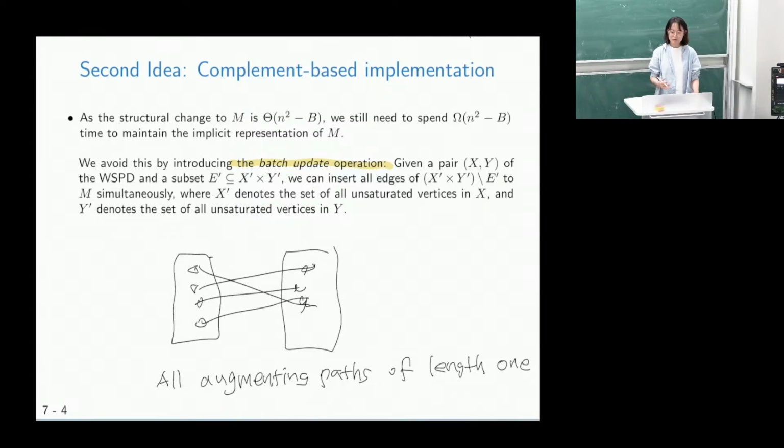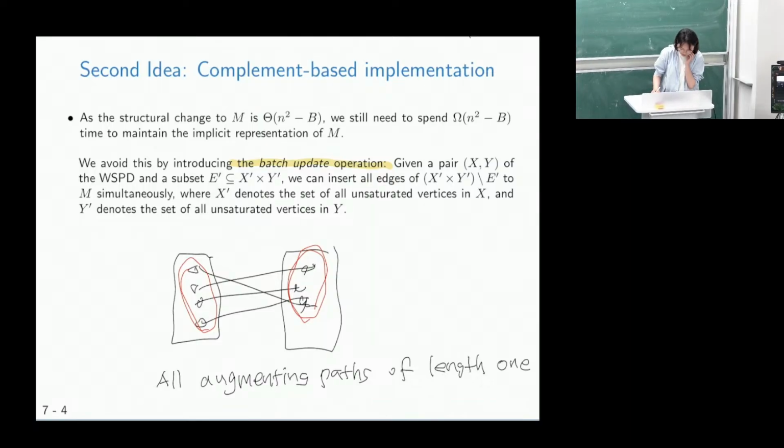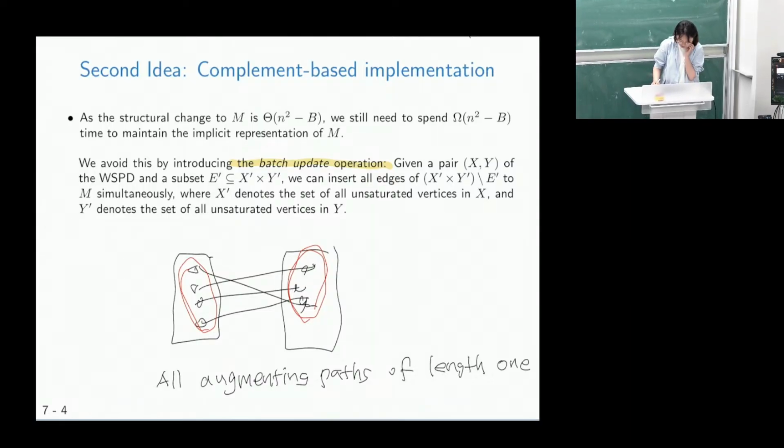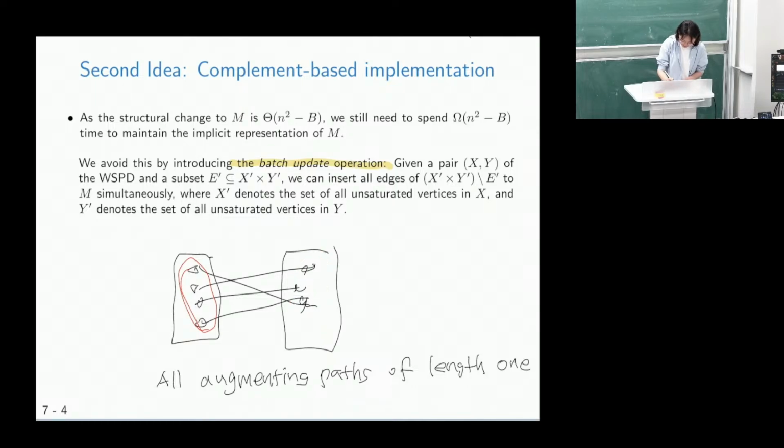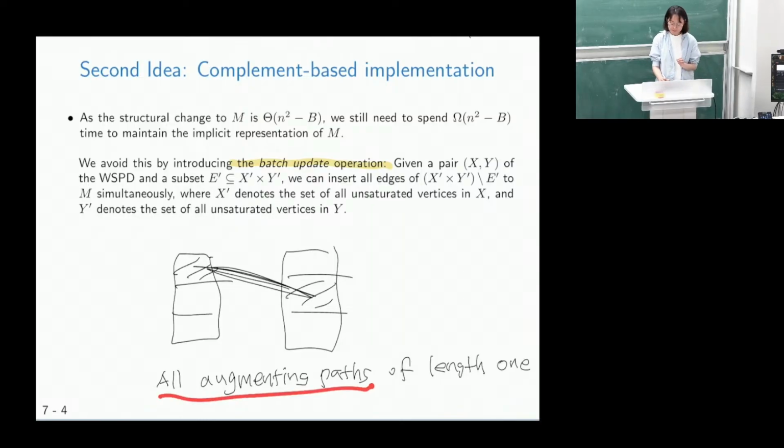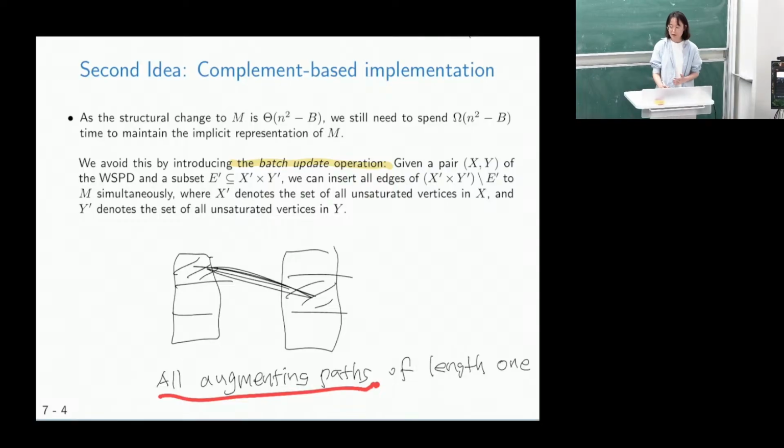There can be many, more than order of B augmenting paths of length 1, but we show that those augmenting paths can be described in an explicit way.